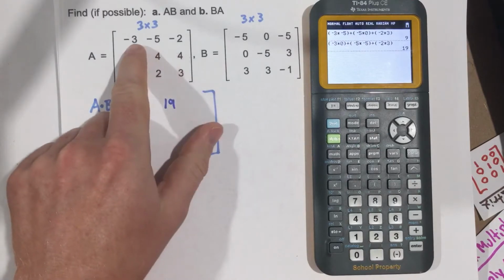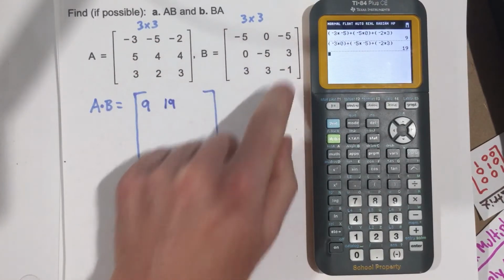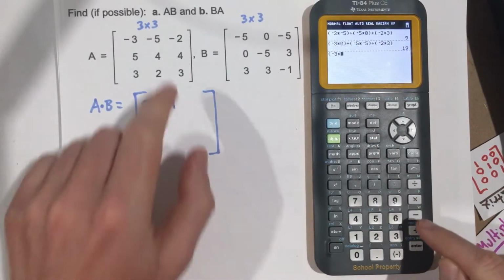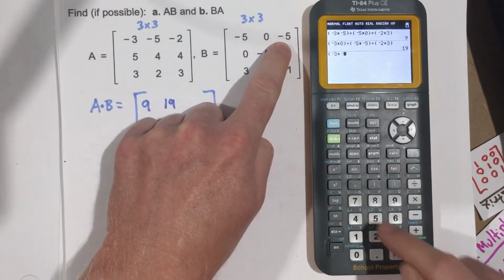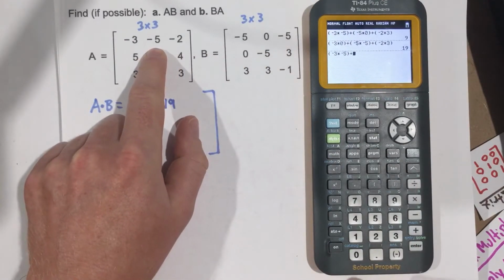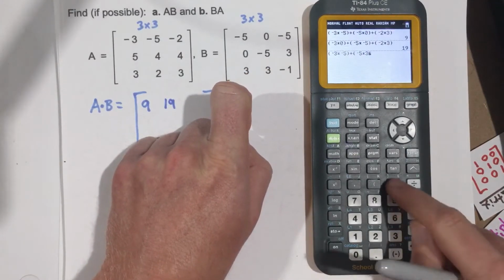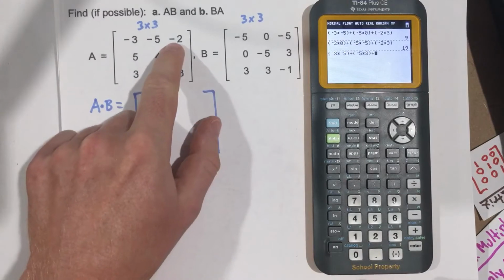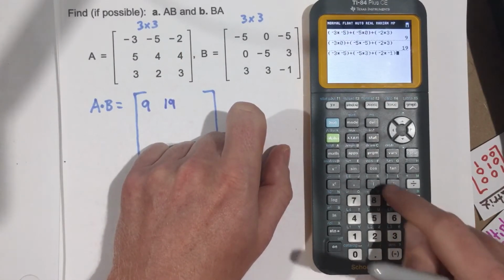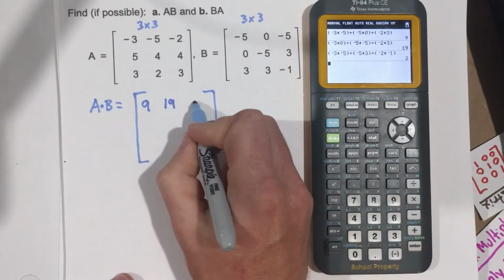And then finally we're going to do the first row times the third column. So negative 3 times negative 5 plus negative 5 times 3 plus negative 2 times negative 1. Enter, and we get 2.